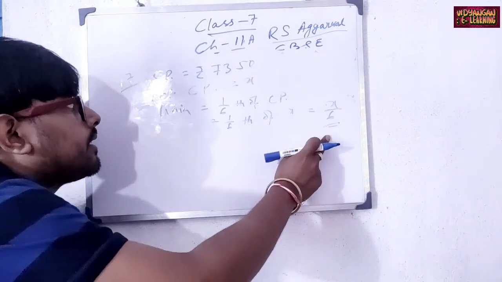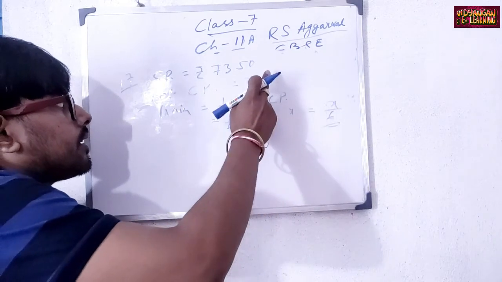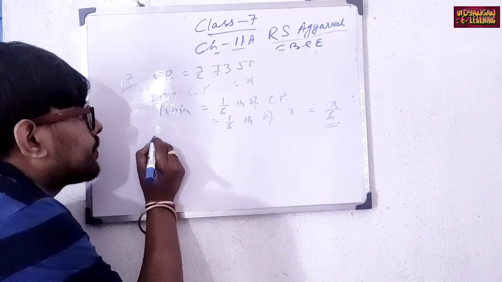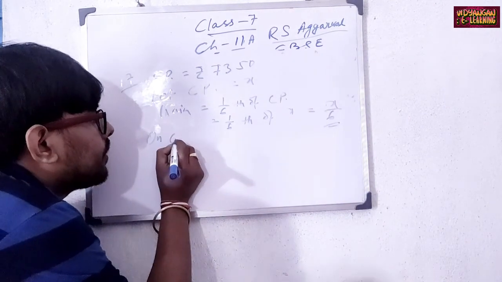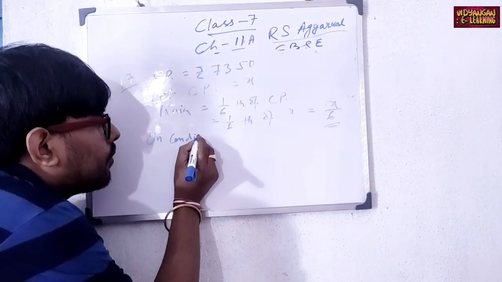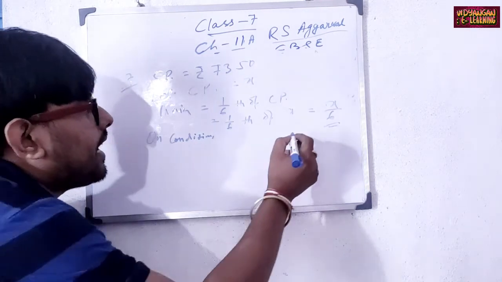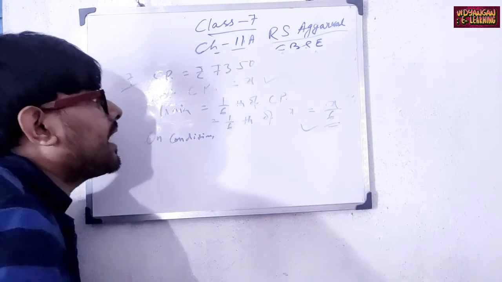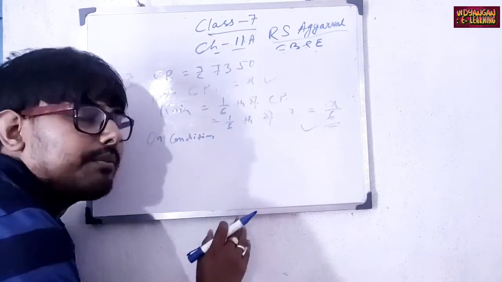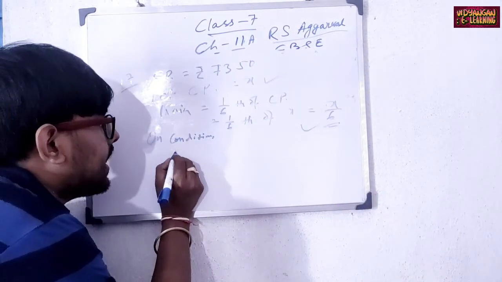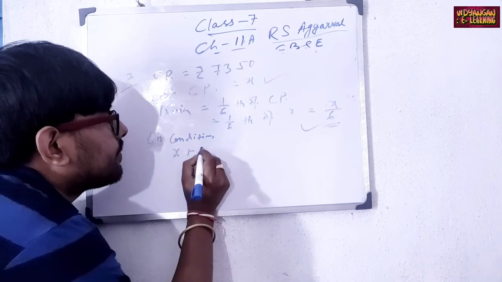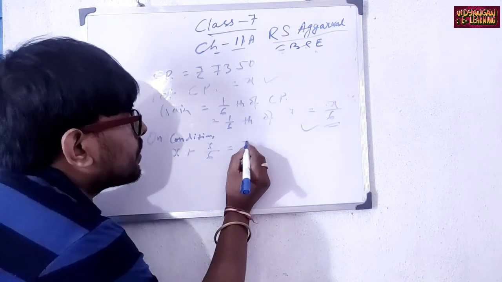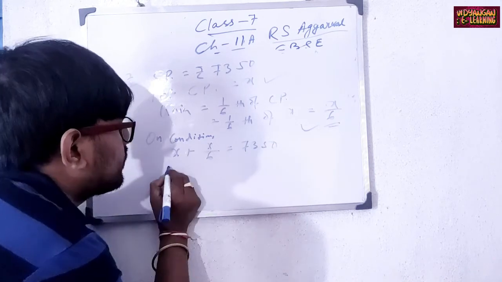This one is the gain and this one is the cost price. So on condition, we can easily say that cost price plus gain is equal to selling price, that is X plus X by 6 is equal to 7350.